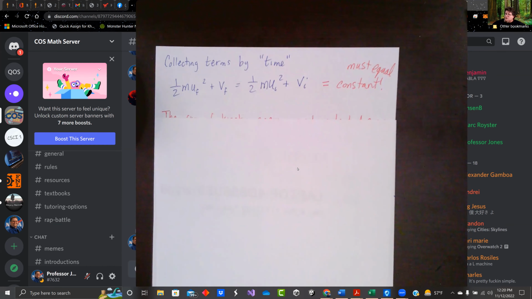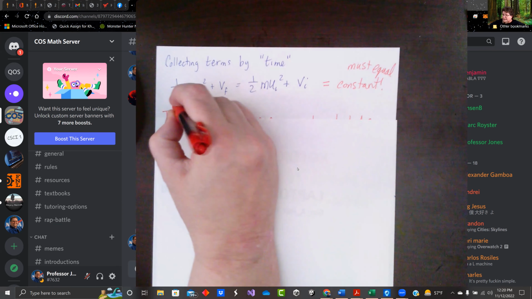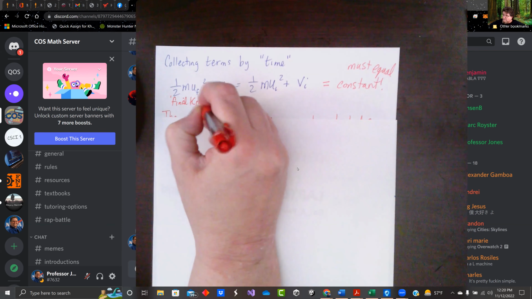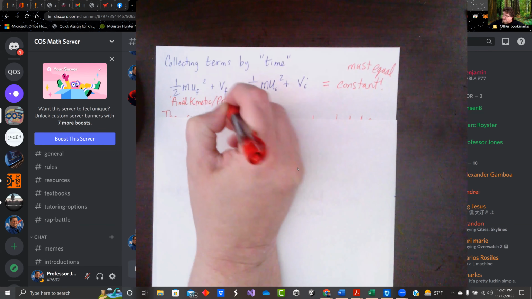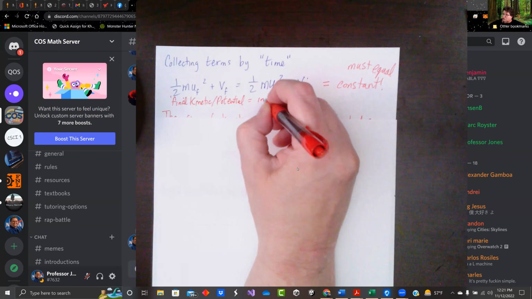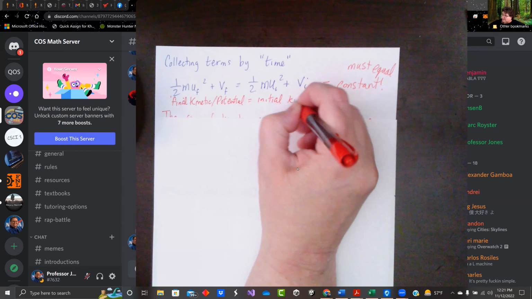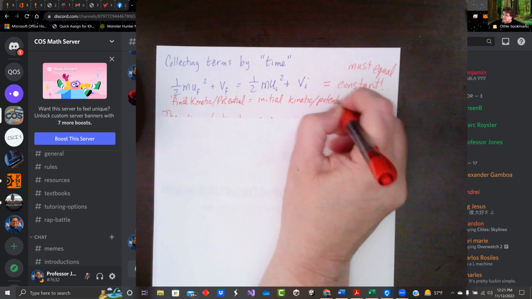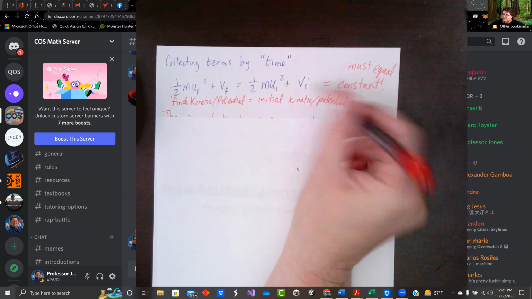This is the final kinetic energy and potential energy on the left, and we see that equals the initial kinetic energy and potential energy. They must equal some constant value because they equal each other.